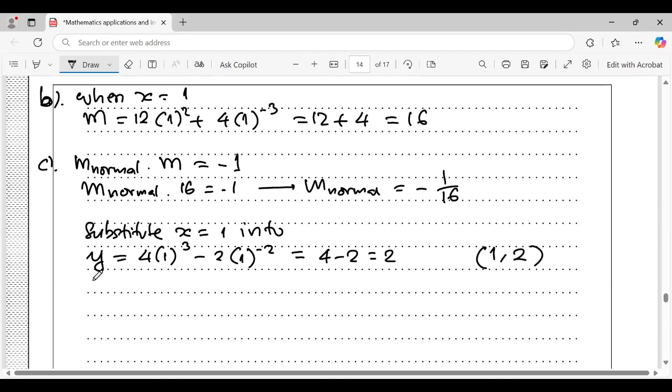Now for the equation, this is x1, this is y1, and this is the gradient. y minus y1 equals m times x minus x1. So y minus 2 equals minus 1 over 16 times x minus 1.